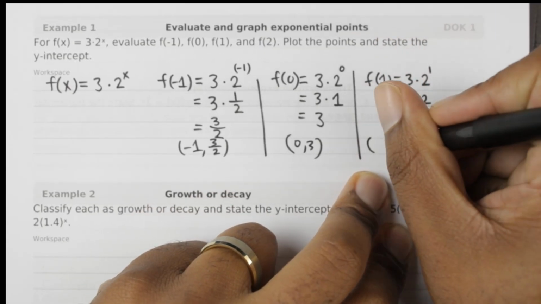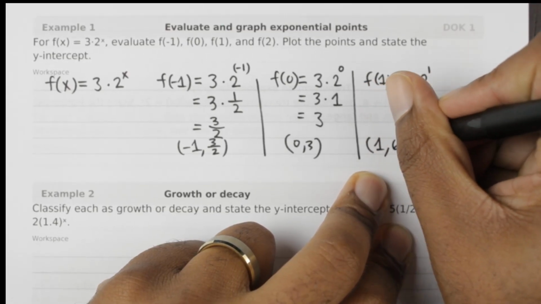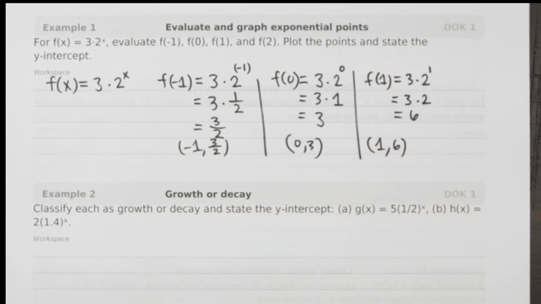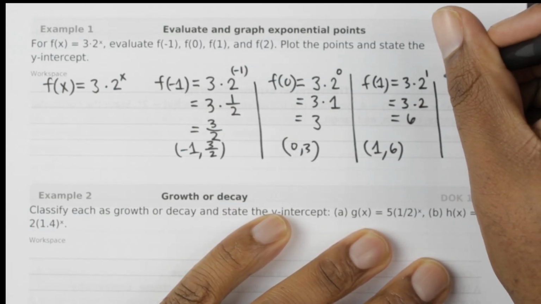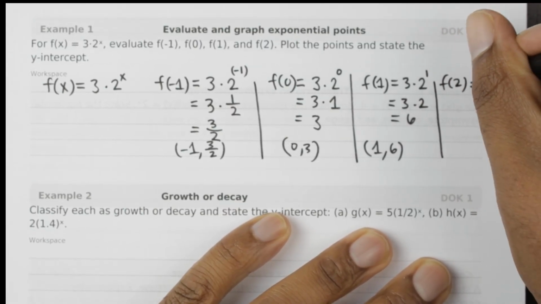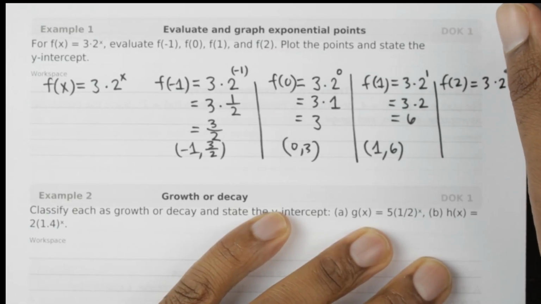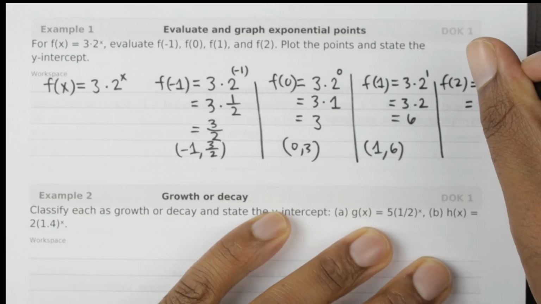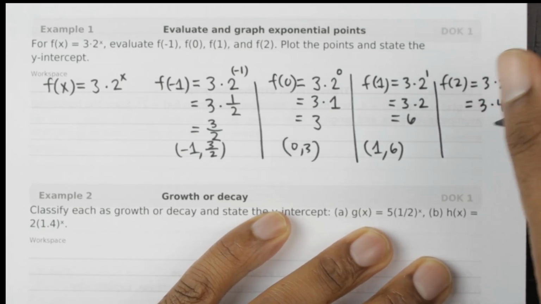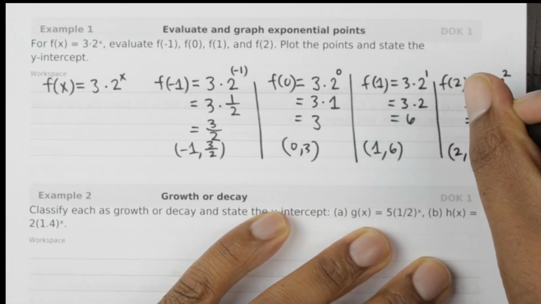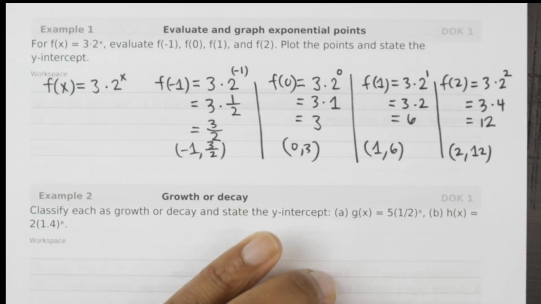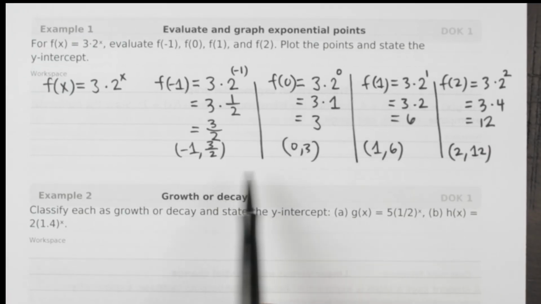That gives 6, that point. Now, lastly, we need to evaluate f of 2. 2 to the power of 2 is 4, times 3 is 12, that point, 12. Okay. So again, we can plot these points.